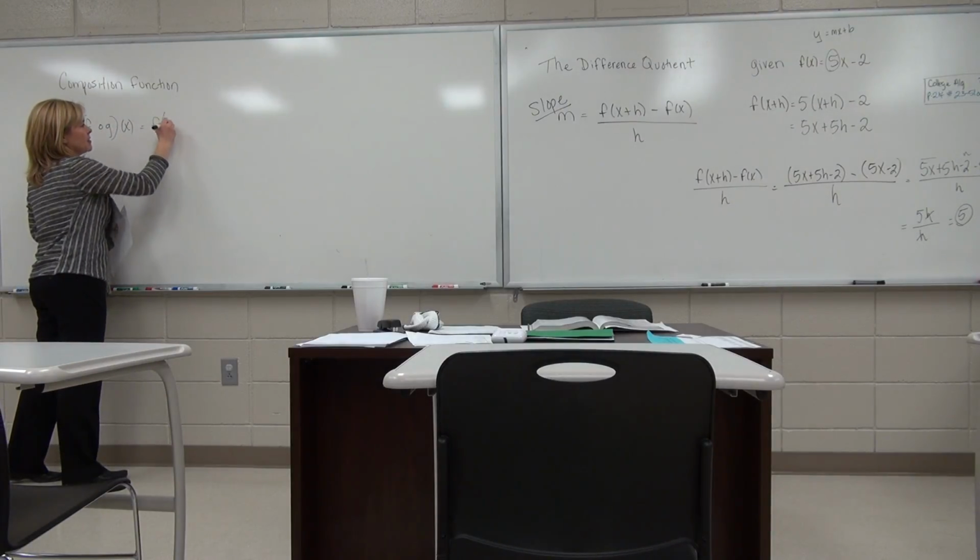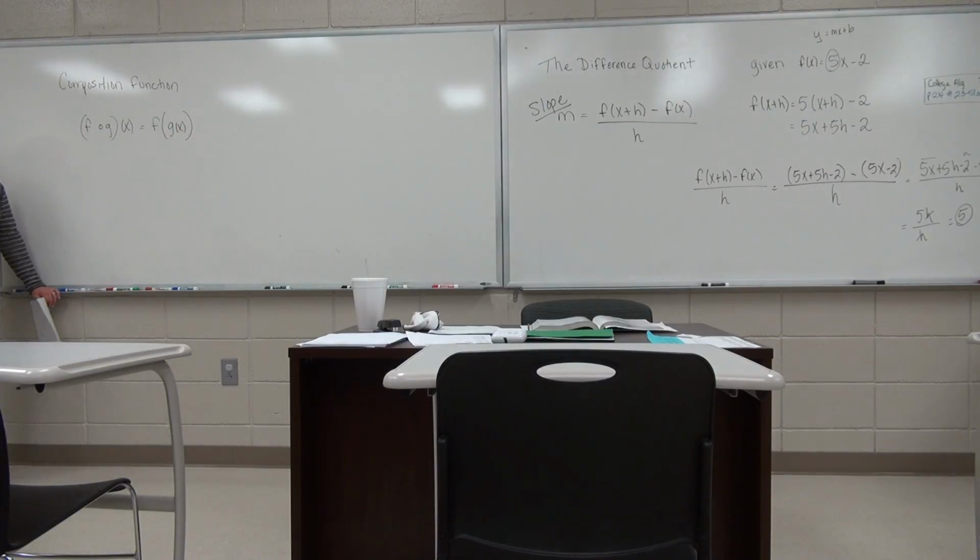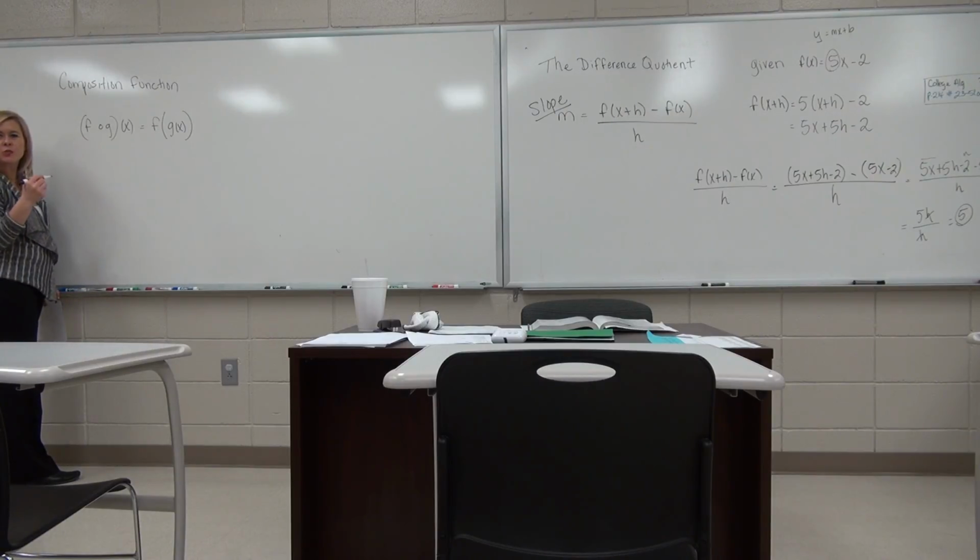That means f evaluated at g of x. That means you put your g function inside of your f function. You'll put one function in place of all the x's in the other one. Basically, I want you to think of it as walking backwards. You get your g of x function, or if it had a number there, you get the answer, and then you plug it back into the f function. You walk backwards. You take the g of x, and you put it inside of the f.